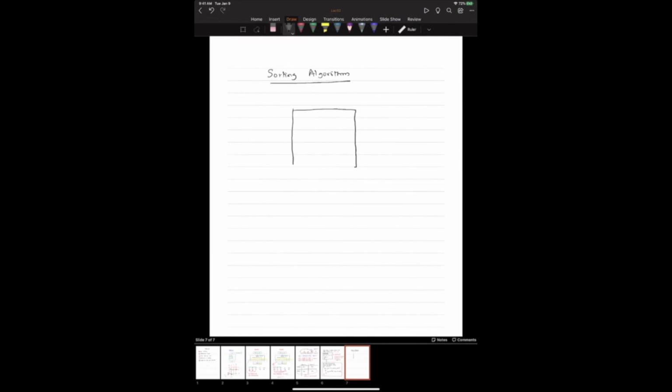Let's say this is a sorting algorithm. It has an input, as I introduced before. In this case, the input is a list of numbers. I'm going to write this as an array: 6, 5, 9, 7, 8, 3, 4.